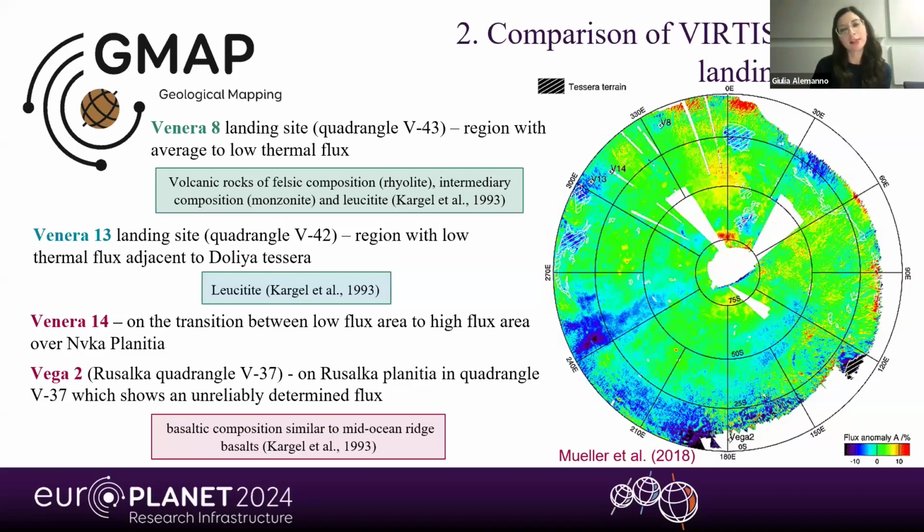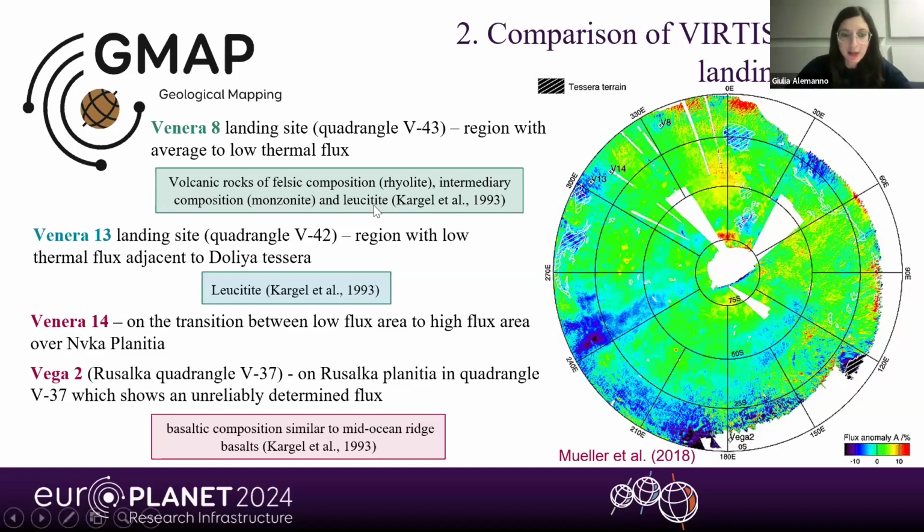And okay, it needs to be said that these landing sites are in some regions where the VIRTIS coverage is not super good, but we can correlate quite well the analysis performed by these landers with the emissivity anomalies observed by VIRTIS.